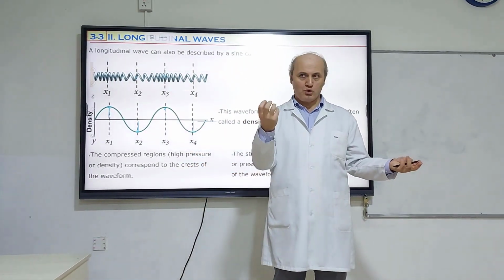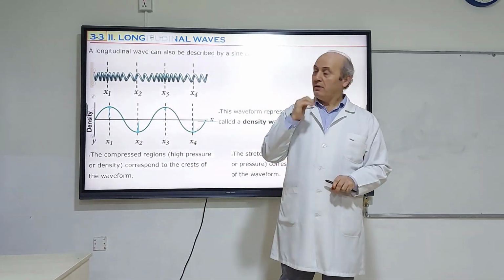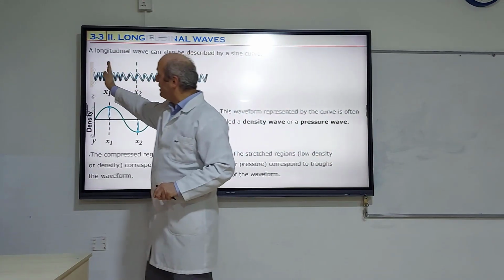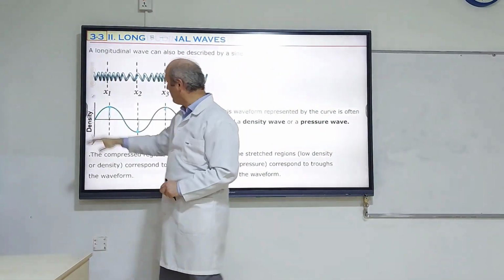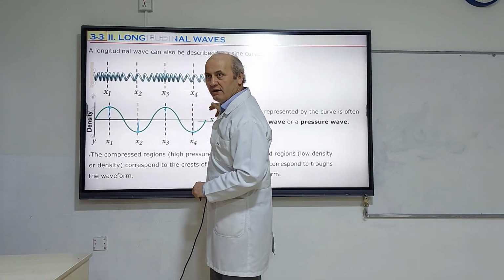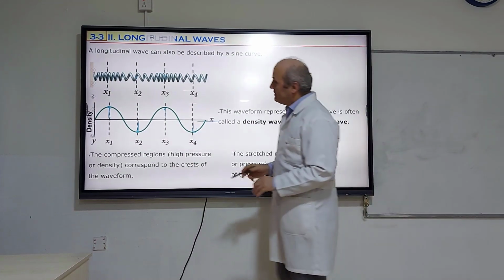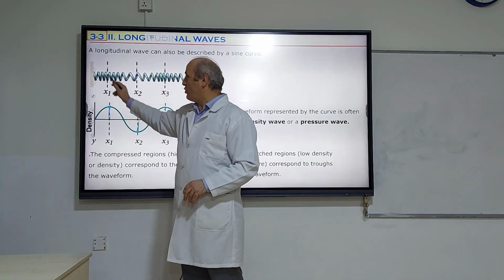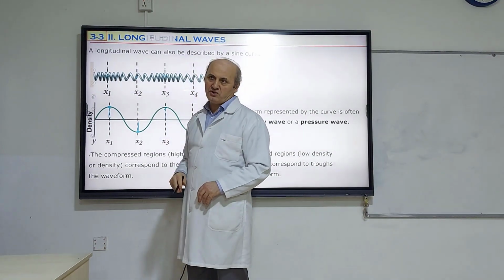It's about the source vibrating in simple harmonic motion or not. Here, we consider that the source is vibrating with simple harmonic motion, so this waveform is a sine wave. The crest of the sine wave is compression. The trough of the sine wave is a stretch region.